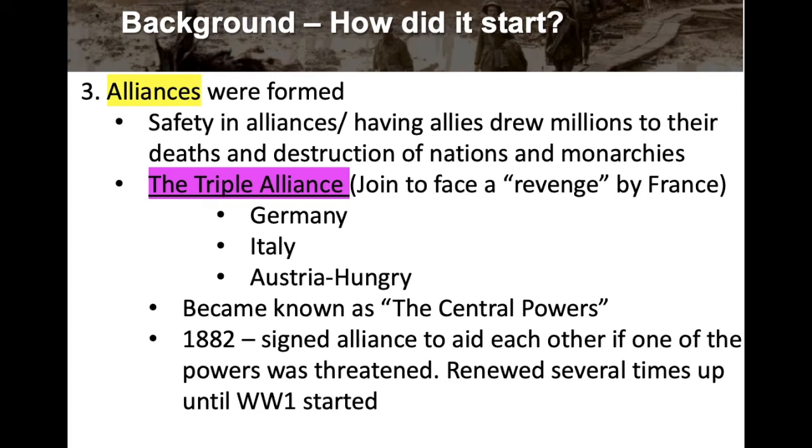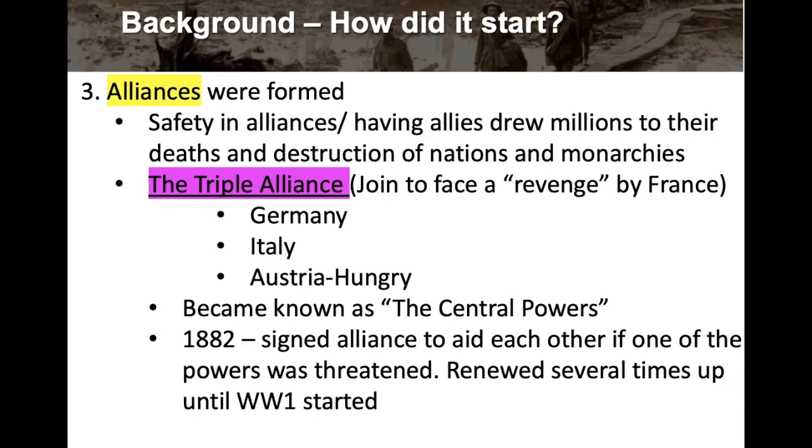You notice these are countries that were created during the 19th century. Germany came together as the Second Reich. Italy was created as a country, and Austria-Hungary came together. Hungary had been part of the Ottoman Empire that kind of broke away. The Ottoman Empire is still there, but Hungary joined Austria in a dual monarchy.